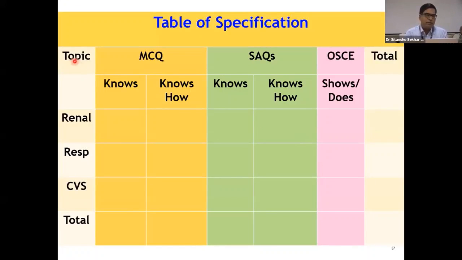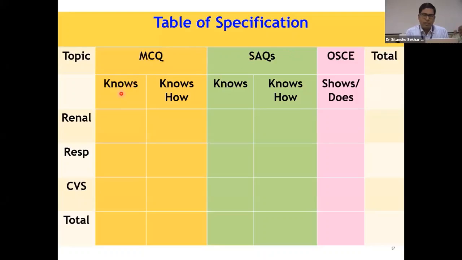So we have sorted out certain things. Let's start again from the beginning. The first thing, because I told you this is a grid or a table, the table contains the content sections like renal, respiratory, and cardiovascular system. Then there is a total mark distribution, and we have these domains: the cognitive domain is represented in the first 4 columns, under the MCQ and SAQs, and the affective and procedural skills domain is reflected in the OSCE component.